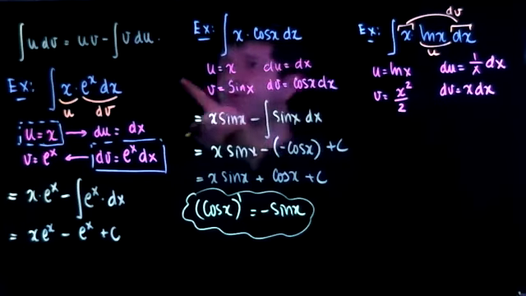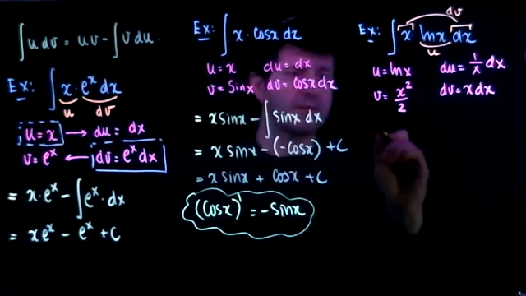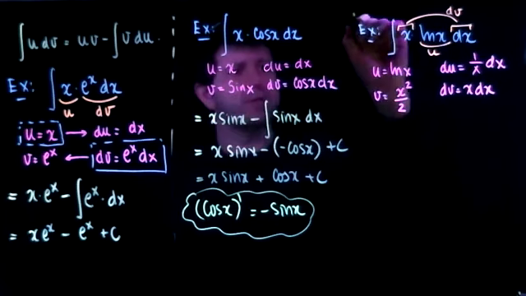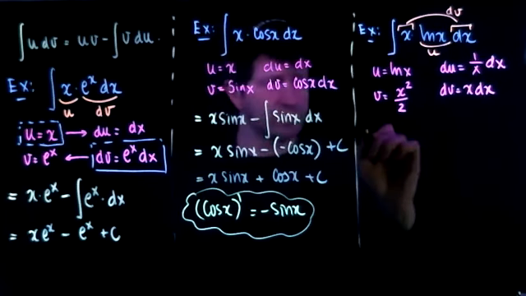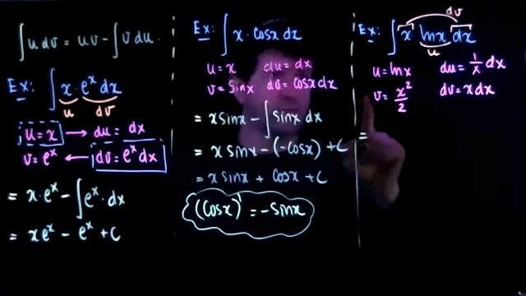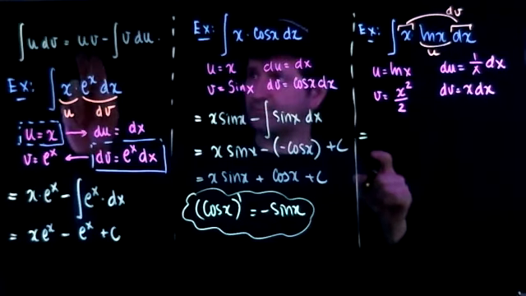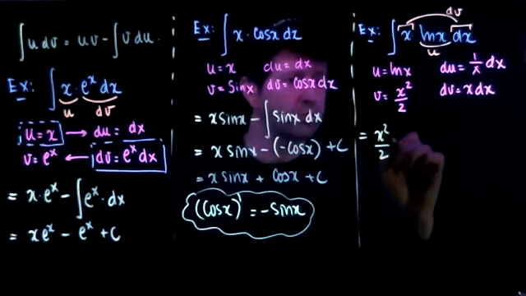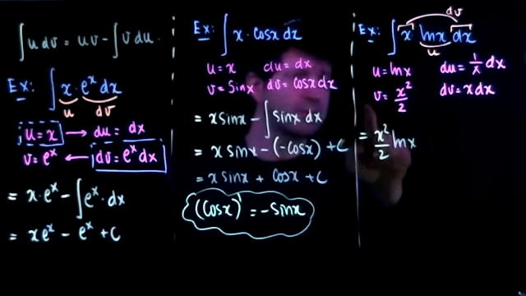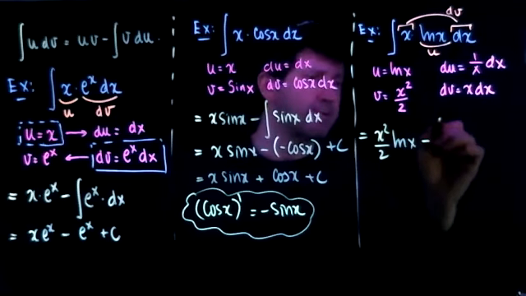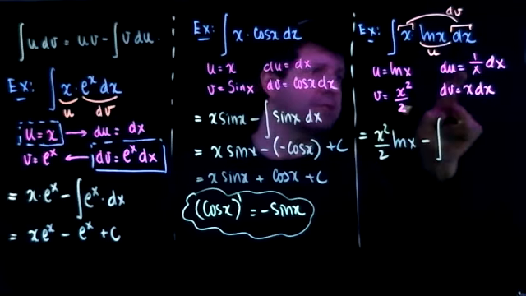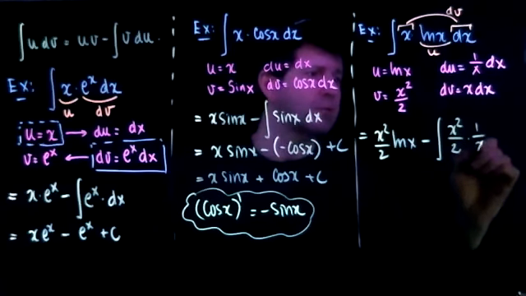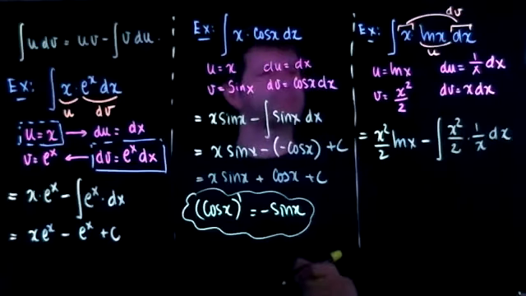So let's use our formula again. I'm just going to separate this so that it doesn't get confused. So that equals uv, x squared over 2 ln x, that's u times v, minus the integral of v times du, which is x squared over 2 times 1 over x dx.